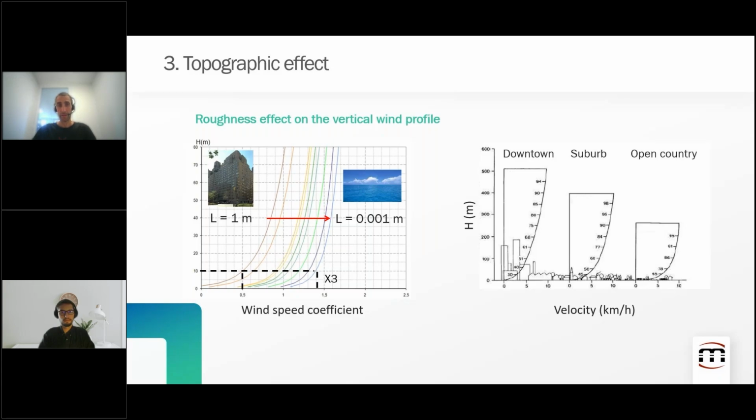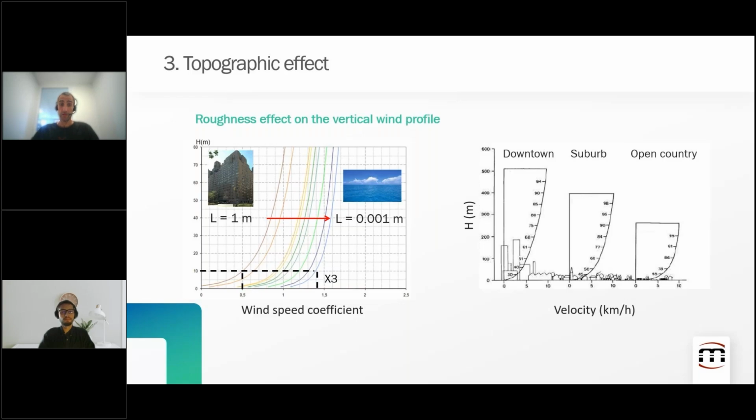So there are two pieces of information here. The first one is that if you have a look at the wind profile, all of them increase with height, with a special shape, and there are some mathematical rules to interpolate that.